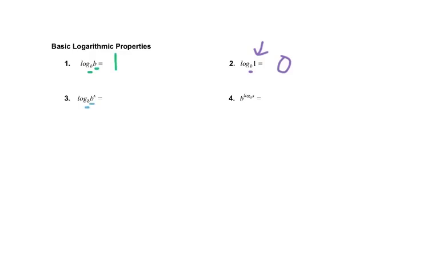If the base and the number match again, and it has an exponent, the answer is whatever the exponent is. It's a little bit like that cancels out. And then finally, if we have a base and a base that match, and the log is in the exponent position, the answer is whatever that x is in the exponent position. It's, again, a little bit like that cancels out.